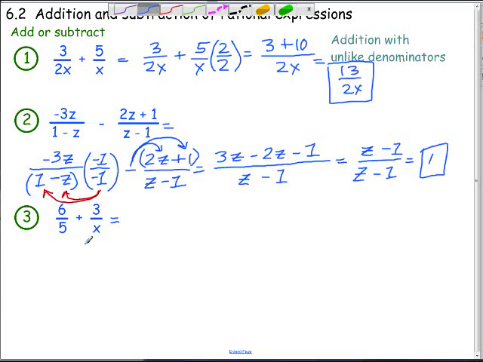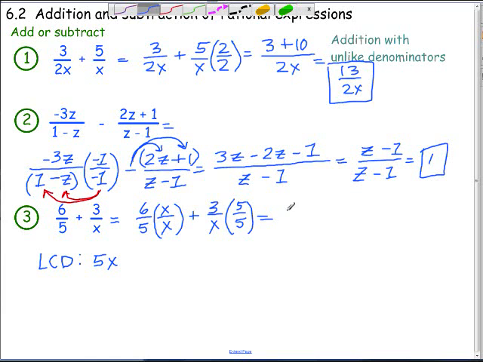This one is, again, unlike denominators, and we must make them the same. We do that by creating a fancy 1 that will give us a common denominator. Our least common denominator here is going to be 5x. The x was missing, so I multiplied by a fancy 1 composed of x over x, plus, I'll use another fancy 1, but this time what's missing is the 5, so it'll be 5 over 5.